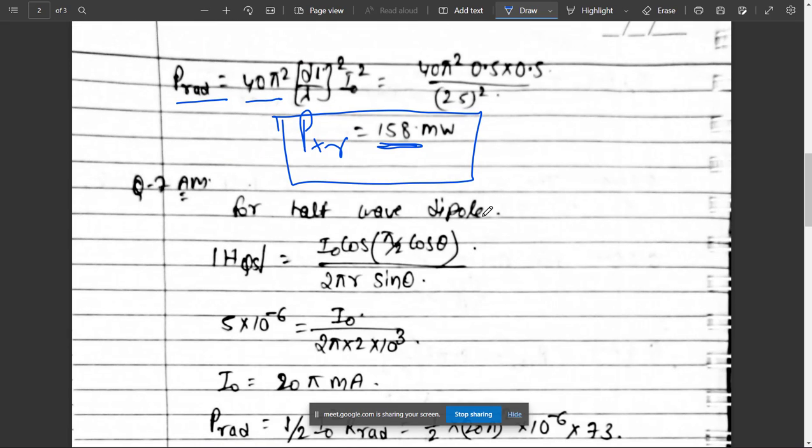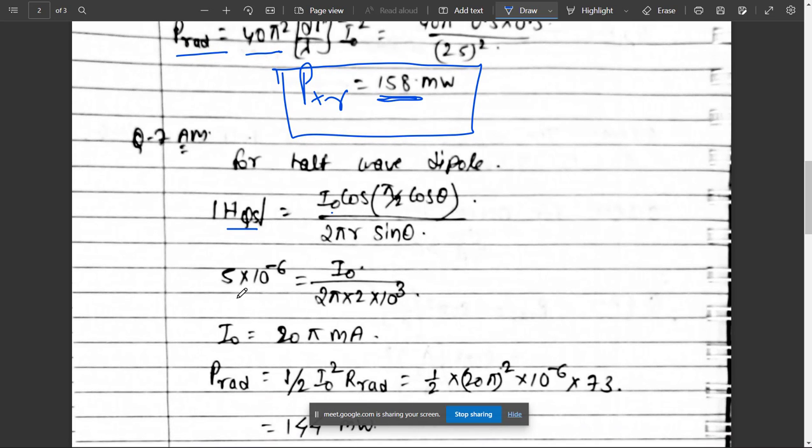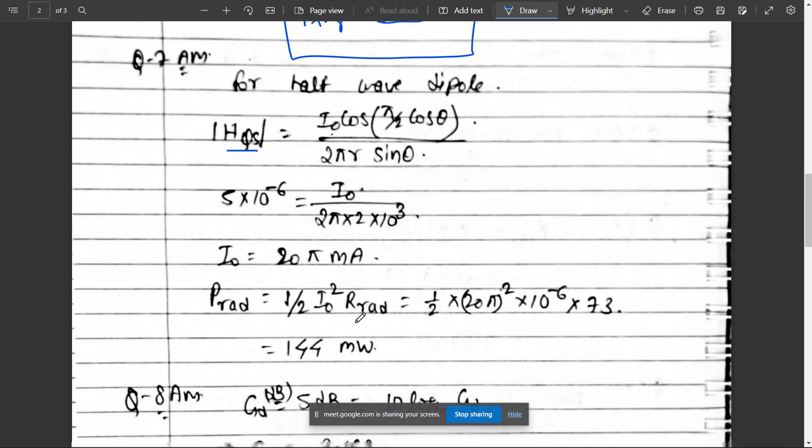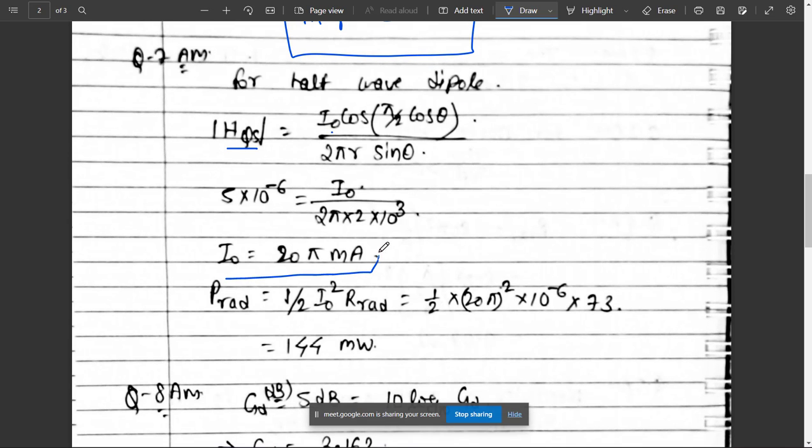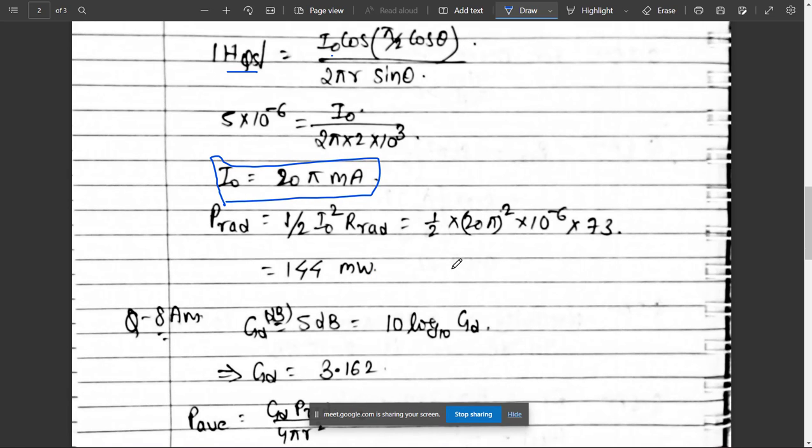So now for half wave dipole antenna, our magnitude of magnetic field will become I naught cos(pi by 2 cos theta) by 2 pi r sin theta. So now we'll put all the values and find out I naught, which is equal to 20 pi milliamperes.